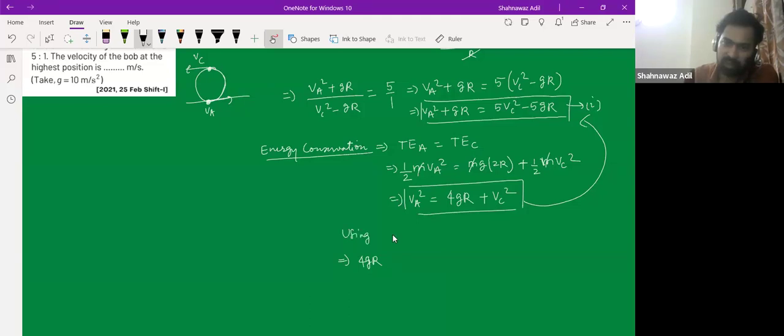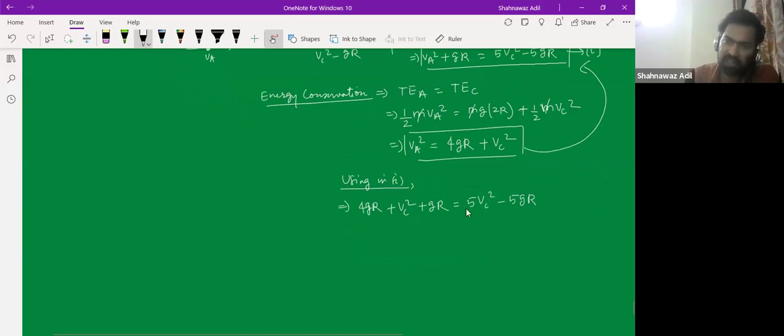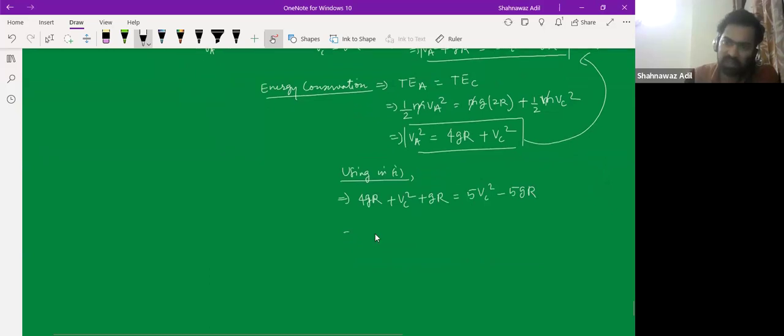Using equation 1, plus gR, and we have vC square minus 5gR. So all these gR on the left hand side, vC on the right hand side. So 4gR plus gR is 5gR, minus vC square, so 4vC square.